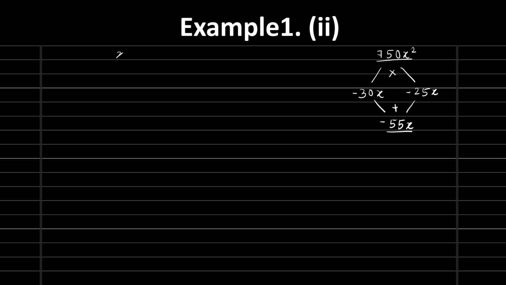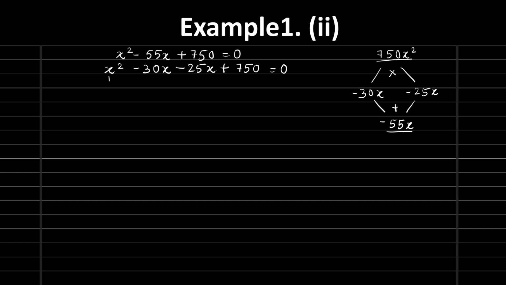We will get x square minus the middle term was 55x and the constant term is 750 equal to 0. So on splitting the middle term, we will get x square minus 30x minus 25x plus 750 equal to 0.